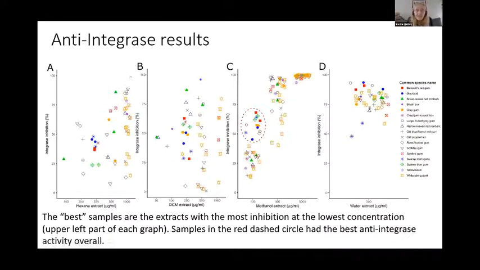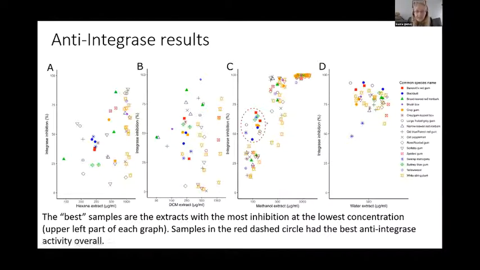I started off with an anti-integrase test, that 3rd step in the life cycle. We tested our 4 extracts and all of our different samples in this assay to see what inhibited this viral enzyme the most. What we're looking for is the most activity, so highest on these graphs, farthest to the left at the lowest concentrations.